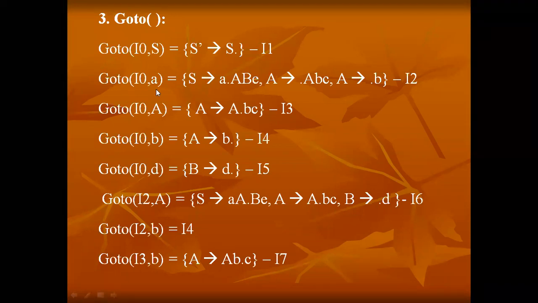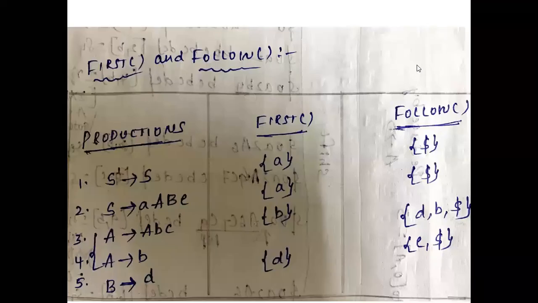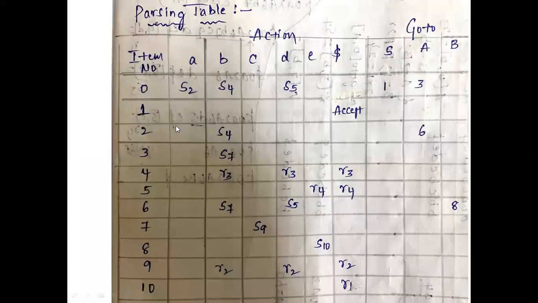I naught with A is I2 from the computation, but in the representation in the table, I naught with A is S2. I am just replacing the item I2 with S2. I am not changing the number or the sequence number, just the alphabet.